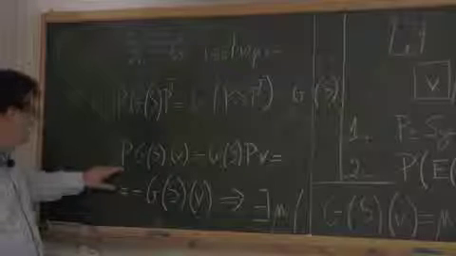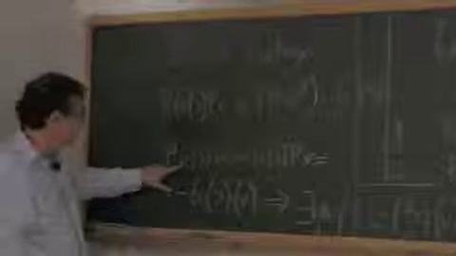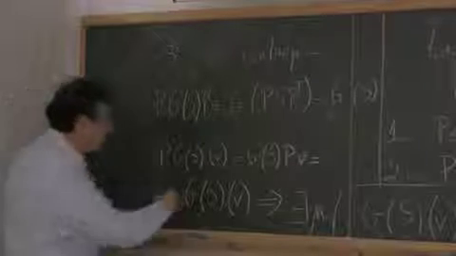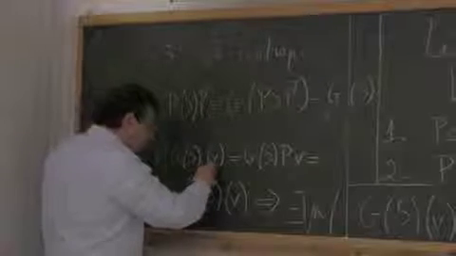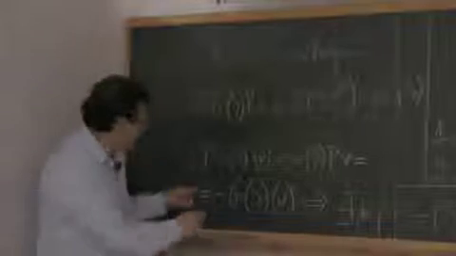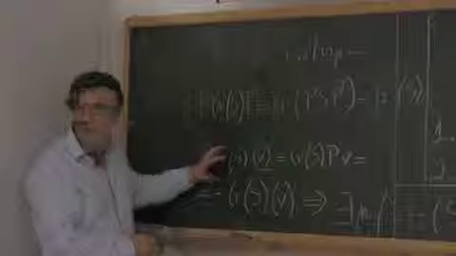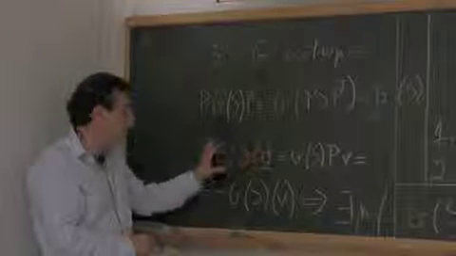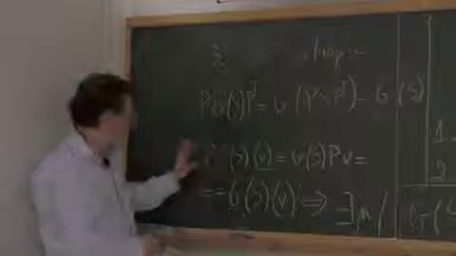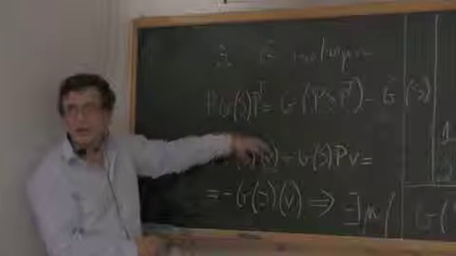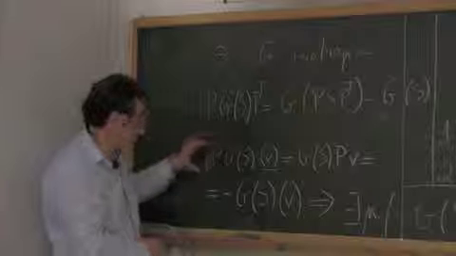You calculate P GS of V. So this is a vector. G of S is a matrix, a linear application. You apply it to a vector, you get another vector. Then you have P applied to GS of V. So at the end, you have a vector.